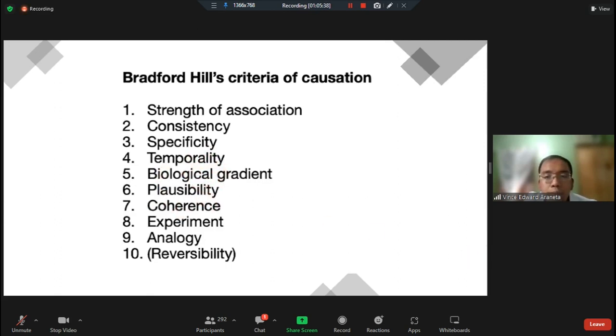Then plausibility, coherence, experiment, and analogy. There's a detailed description, and I don't have the time to mention it, but just so you know, you have this set of criteria. Plausibility means a plausible mechanism between cause and effect is helpful. In an experiment, occasionally it is possible to appeal to experimental evidence.